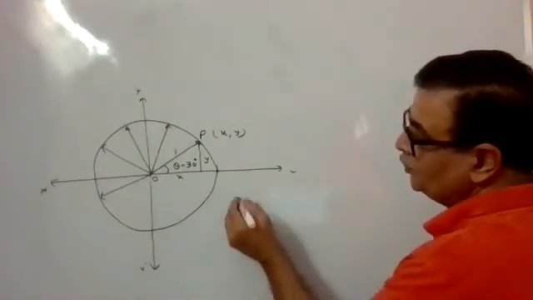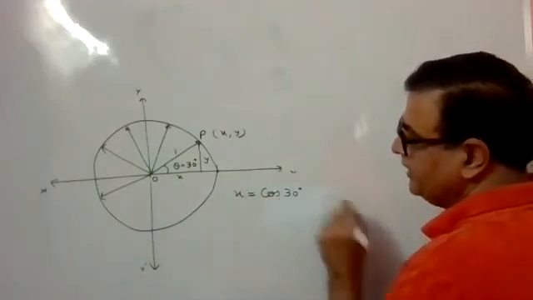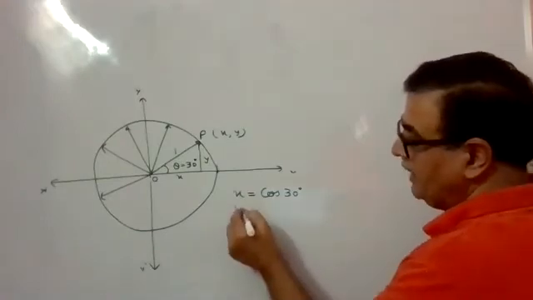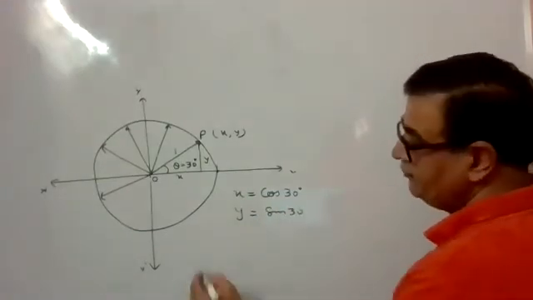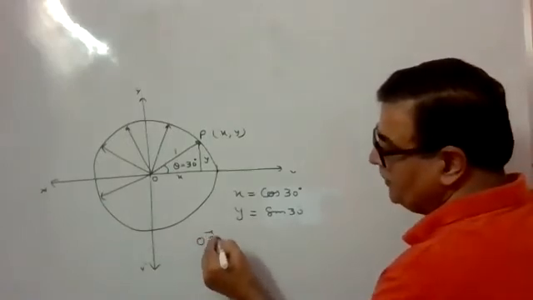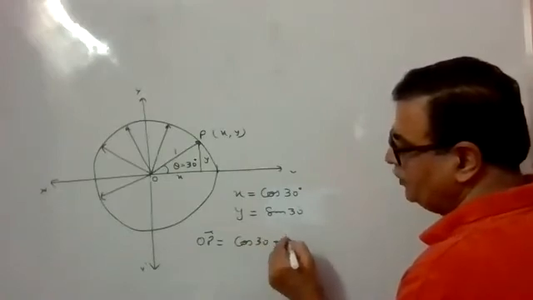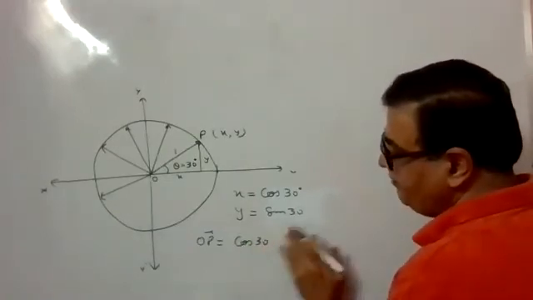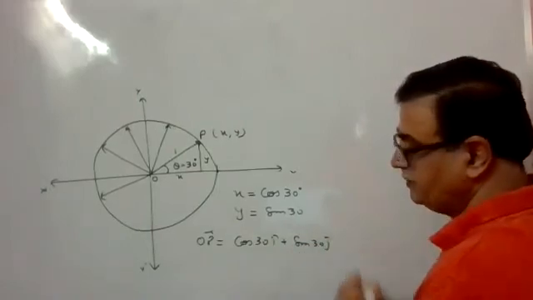Just now I told you x will be cos theta. In place of cos theta, cos 30 will come. Y will be sin 30. And if they ask for the vector, OP vector will be cos 30 i cap plus sin 30 j cap.